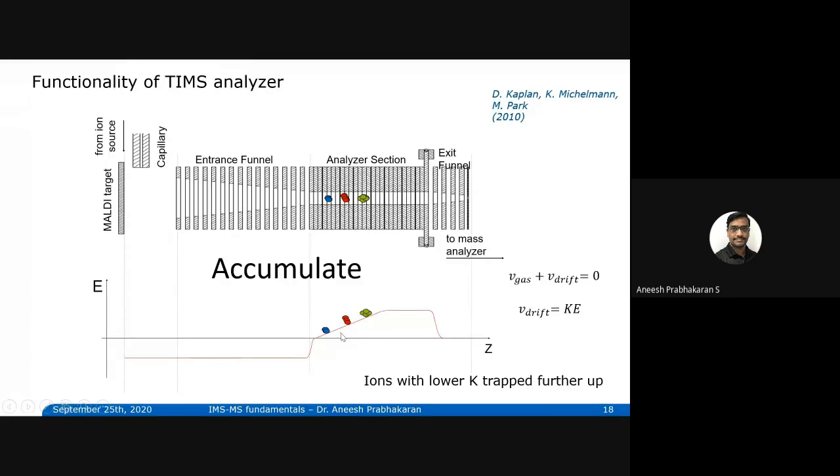So ions will stay in these positions depending upon at which position the velocity of gas plus velocity due to drift, drift meaning velocity due to the electric field, sums to zero. There, the ions stop. This velocity due to drift depends on mobility. Because of this relation, the ions with a lower mobility will stay up the ramp, and those with higher mobility will stay down the ramp.